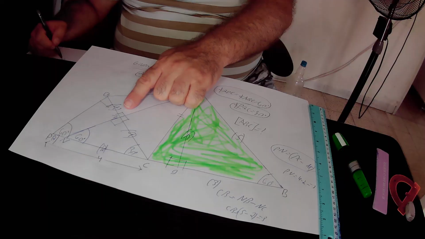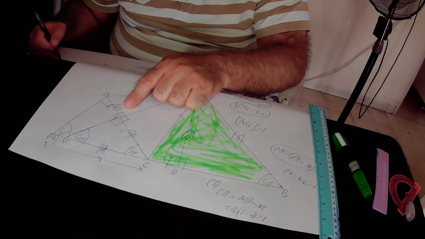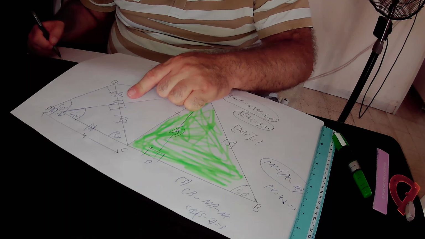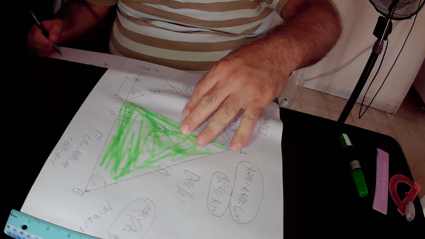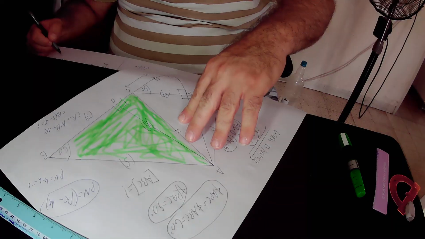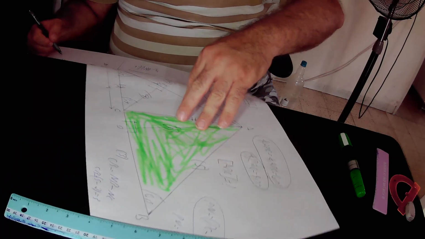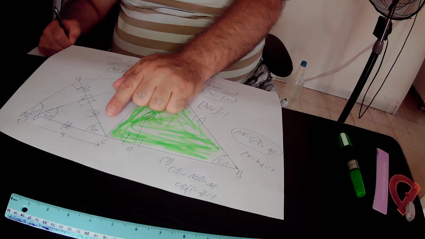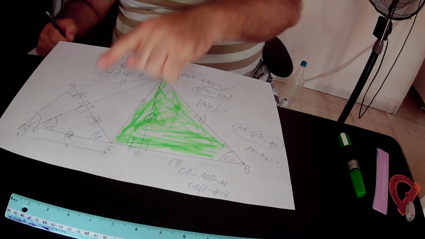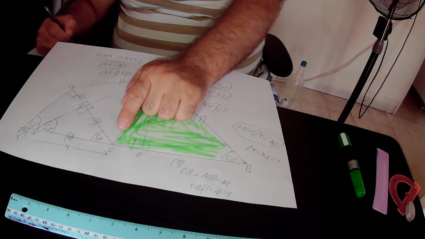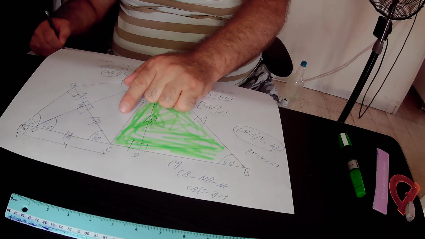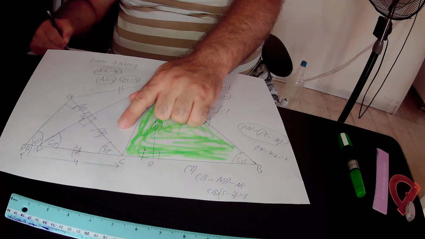NC is the missing side, so we leave it as it is, over QP, which equals 4, and it is equal to MC, that is A, over QC, that is 2A.